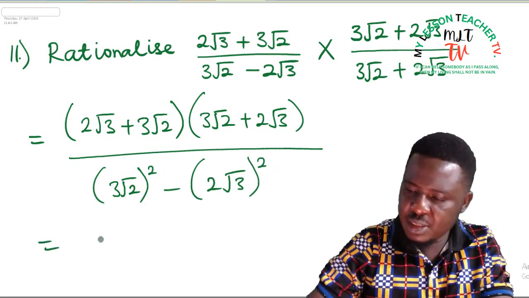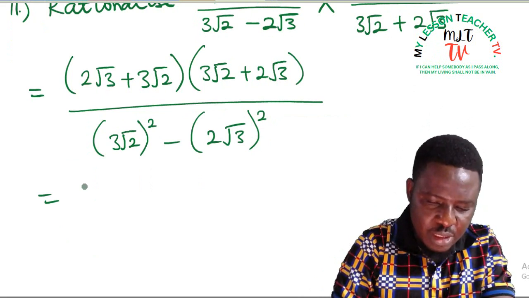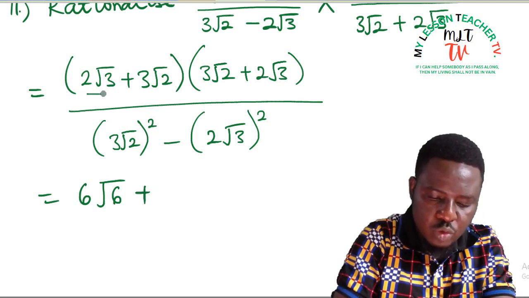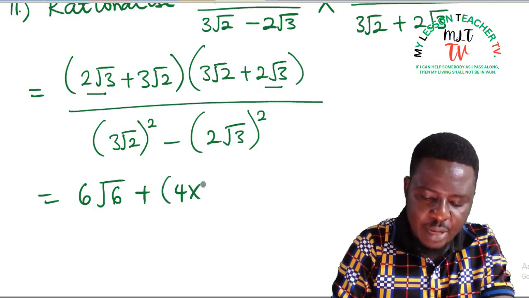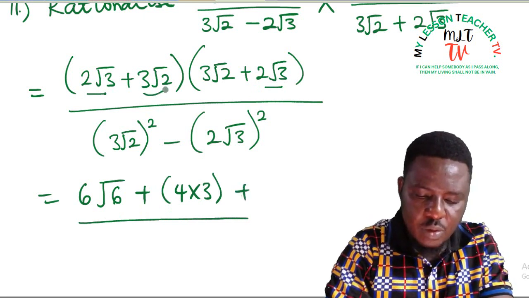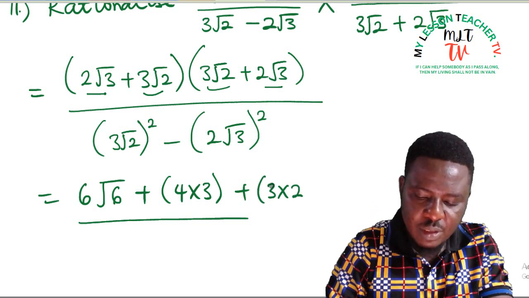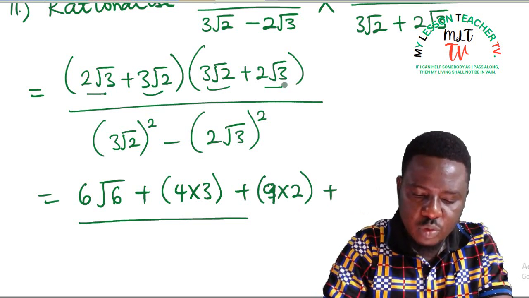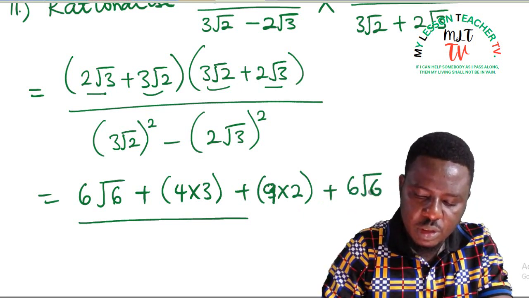And when you simplify this, this is going to give us 2 root 3 times 3 root 2, which is 6 root 6, plus 2 root 3 times 2 root 3, which is 4 times 3, plus 3 root 2 times 3 root 2, which will give us 9 times 2, and 3 root 2 times 2 root 3 will give us 6 root 6.